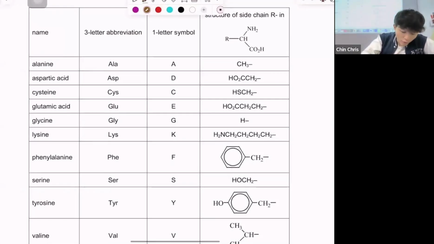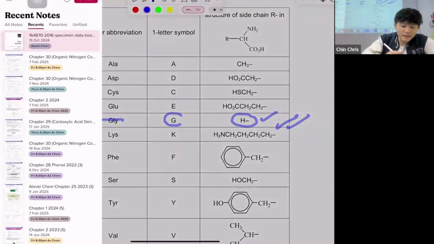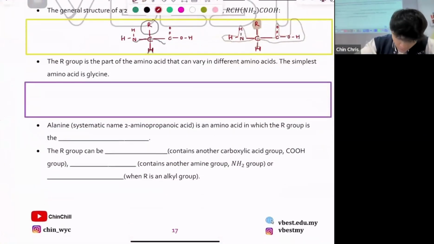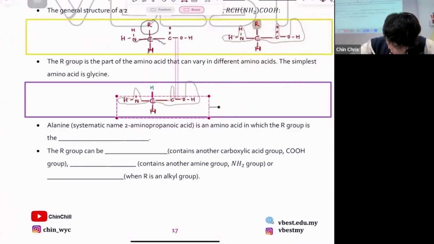Look for glycine. Here, the R group is H. So you just replace the R with an H and done. That is glycine.